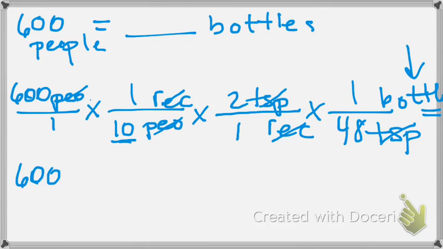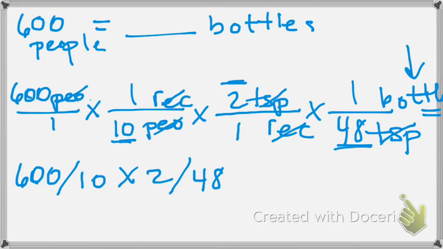It's on the bottom, so that means I'm going to divide. The next number I have is this 2, which means I'm going to multiply. It's on top. The next number I have is 48. Again, it's on the bottom. I'm going to divide by.